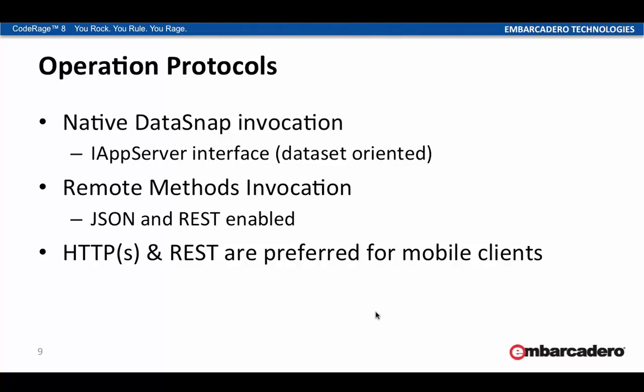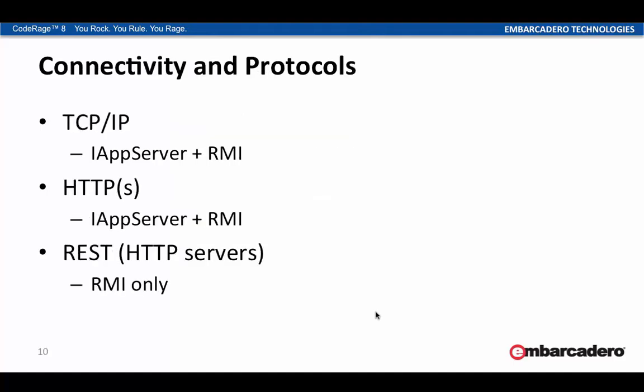So in some scenarios, you have to choose whether you want to go one way or the other, not just because of the connectivity, but also because of the available interfaces. Again, if you want to go for a pure web REST stateless model that would be best suited for your mobile devices, the general suggestion is to pick REST and one of the HTTP server options.